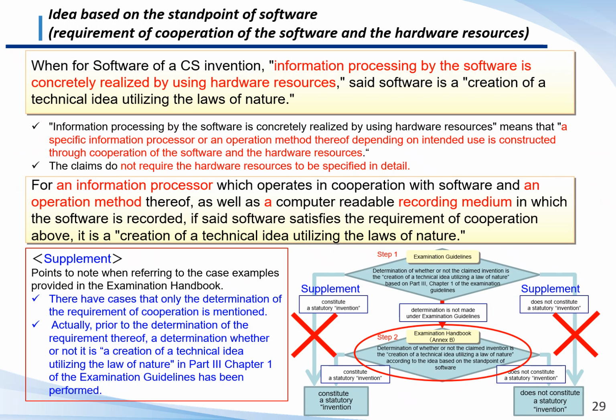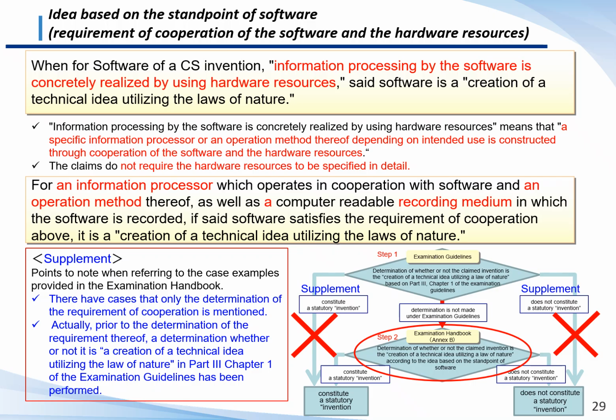From here, we will explain the idea based on the standpoint of software, previously mentioned. When, for software of a software-related invention, information processing by the software is concretely realized by using hardware resources, the software is a creation of a technical idea utilizing the laws of nature.